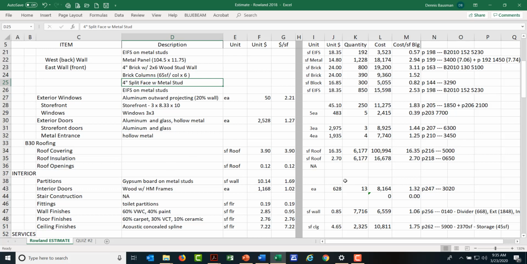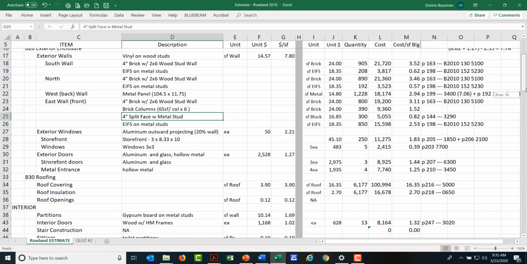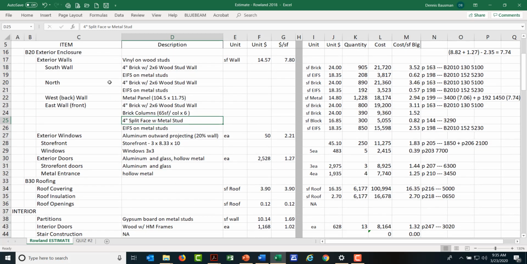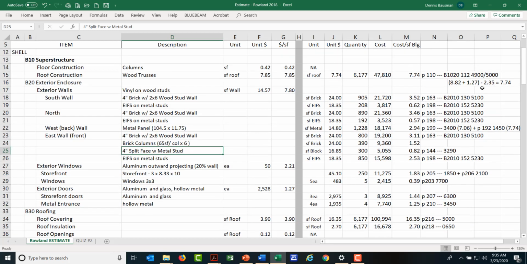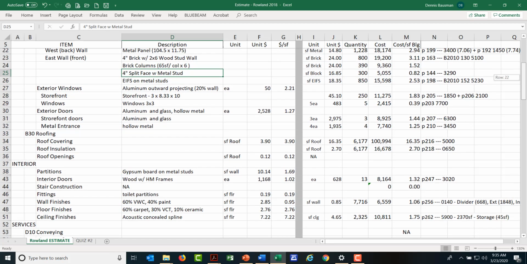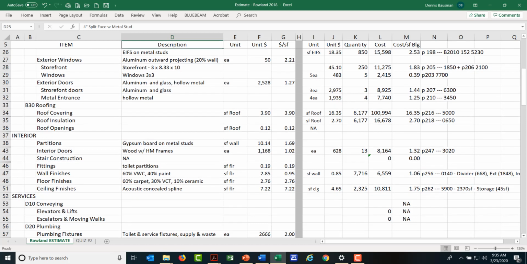All right, now roofing. Remember, we took the metal out of this assembly price up here, the structure. All we have in this number is the columns and the framing. We took the metal out because we have standing seam. I put it back in here.